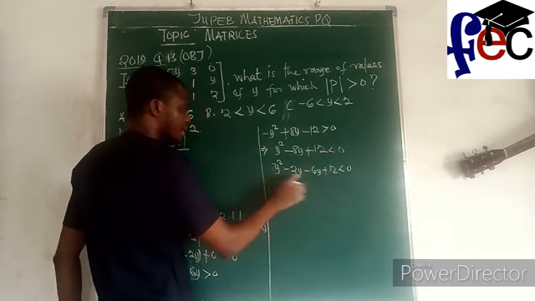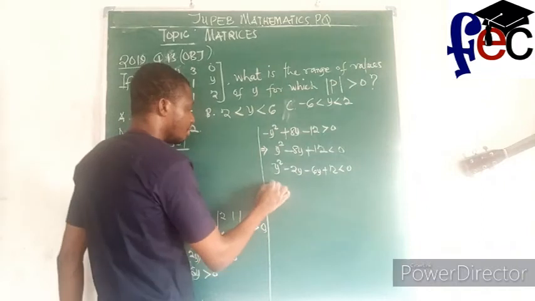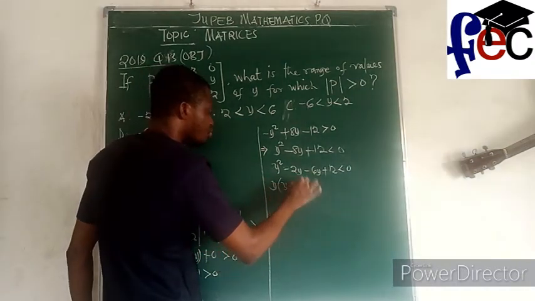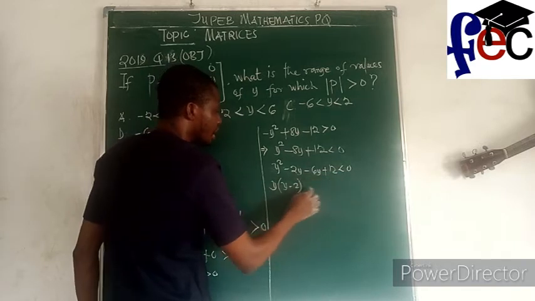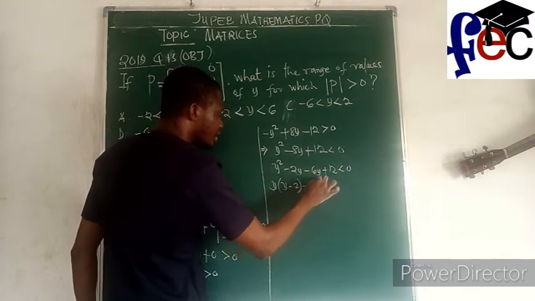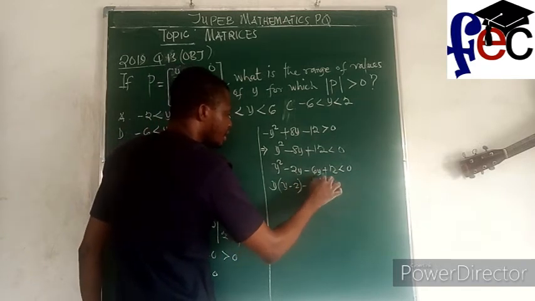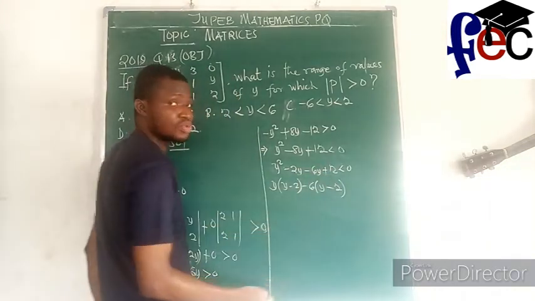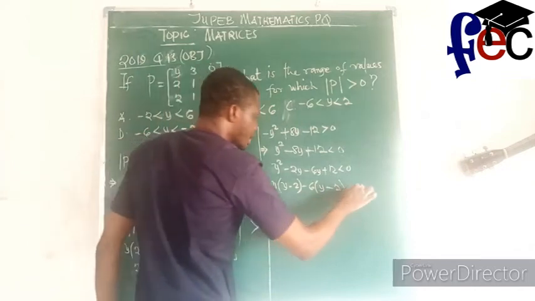Now we can factorize by grouping. y is common between these two terms, we have y minus 2. Then minus 6 is common here, I'm left with y here, then minus 2. You factor out minus 6 from 12, you have minus 2.